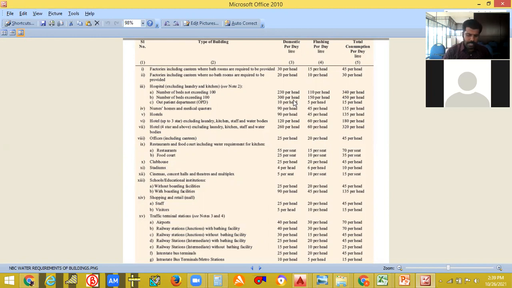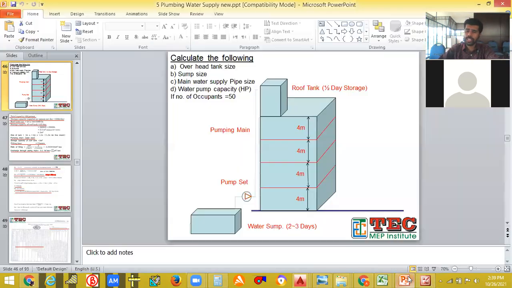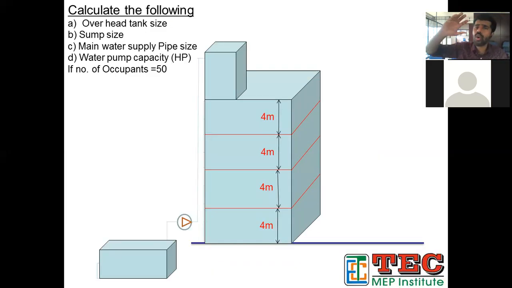Okay, and normally you may ask, what about the flushing? Normally when we get a project, we will be having two overhead tanks. One is for the domestic purpose and another one is for the flushing purpose. In some cases, we provide these two tanks for separate usage.